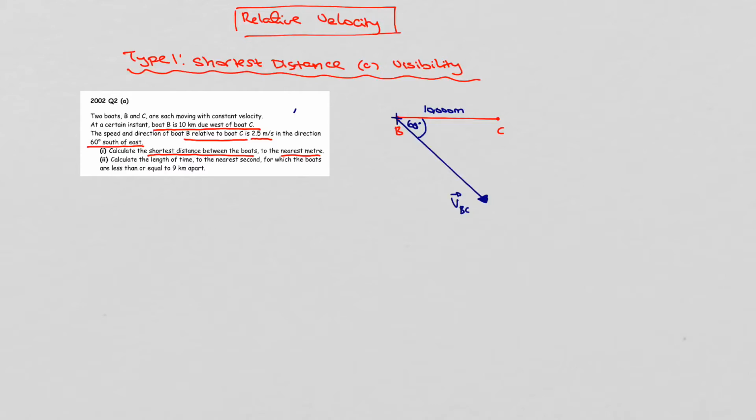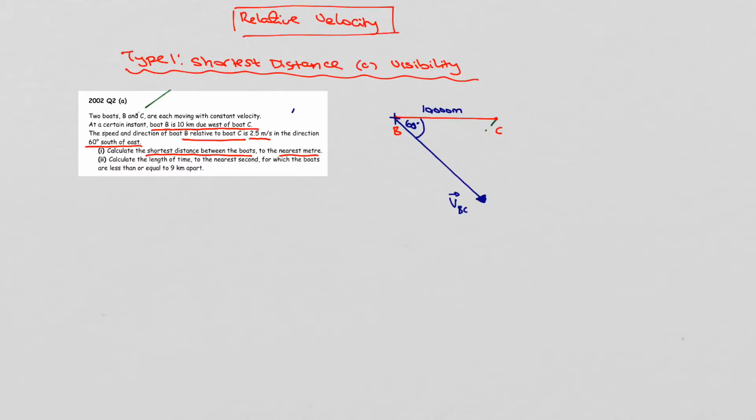Okay, so the shortest distance then, if I mark in on my diagram, is always our perpendicular distance from C to the relative path. That is obviously 90 degrees.